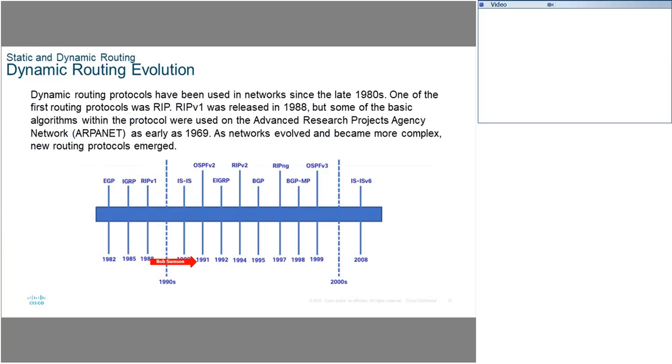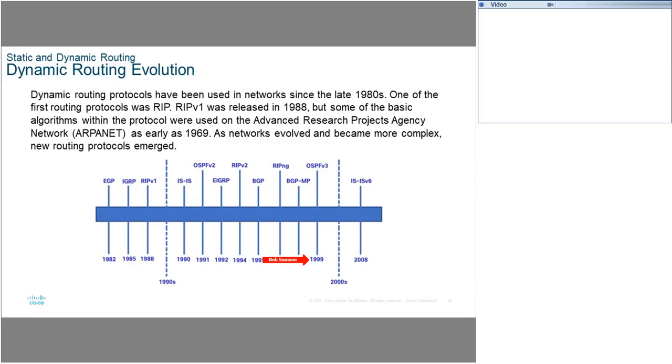by EIGRP, a new version of RIP, BGP to run the internet better, RIPng for IPv6, BGP multi-protocol, I think that one's called, OSPF version 3, the latest version of OSPF for IPv6. They added that in 1999.